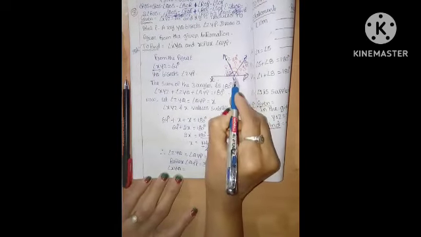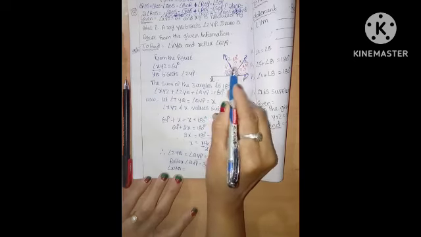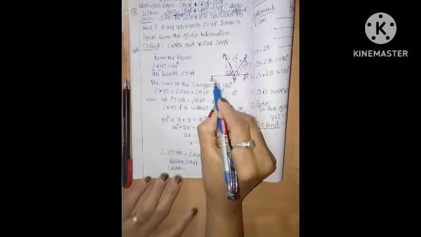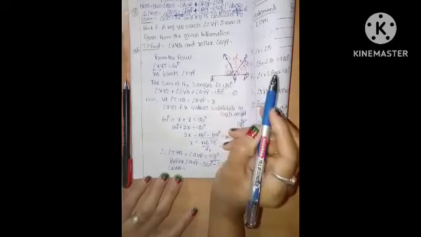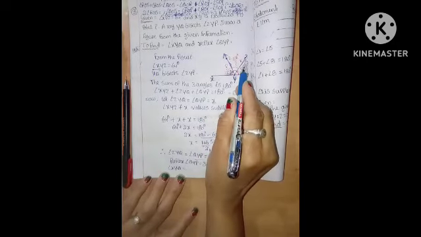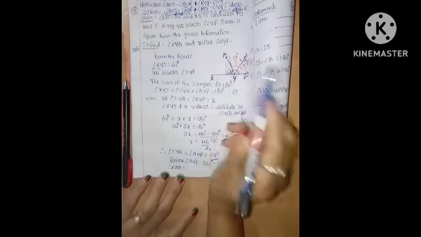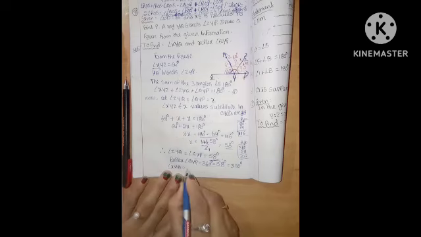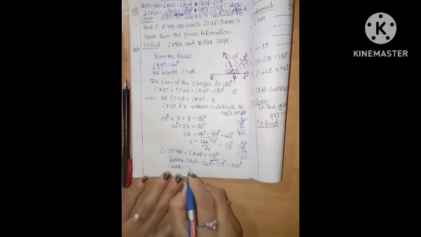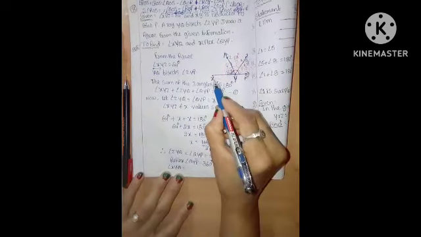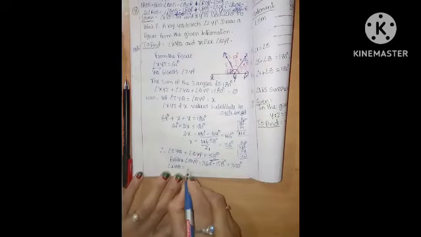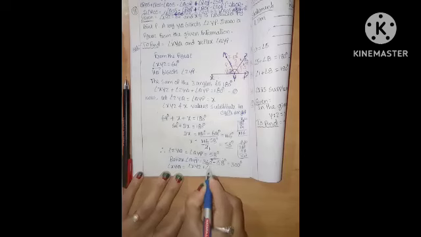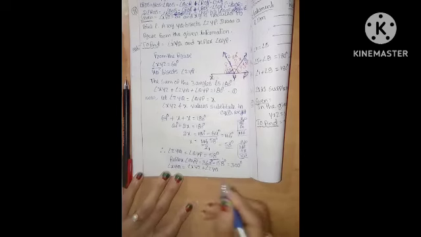Angle XYQ is nothing but the sum of these two, because this is another ray. So angle XYQ is equal to angle XYZ plus angle ZYQ.